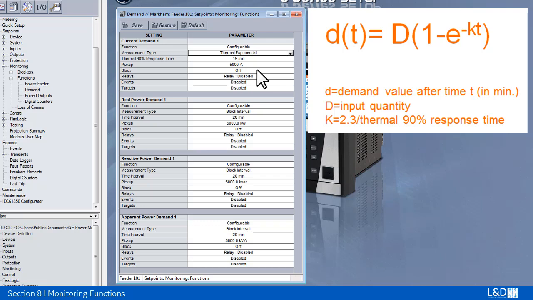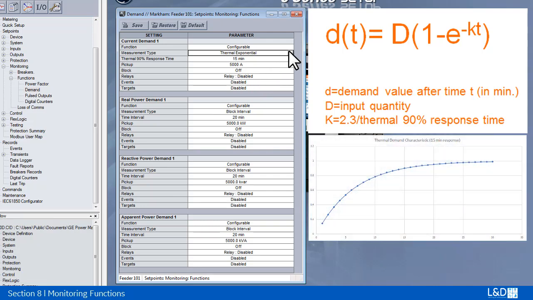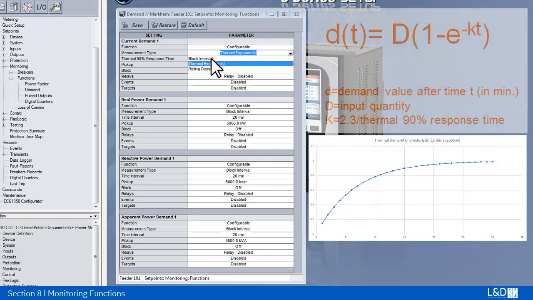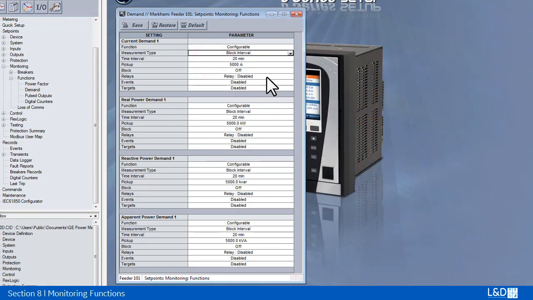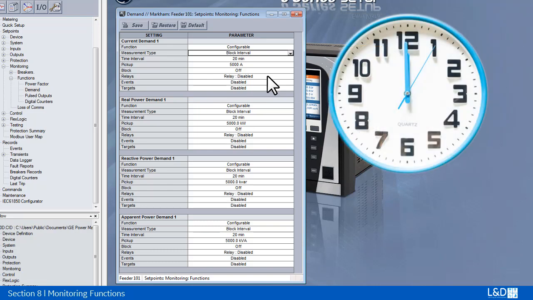K is 2.3 divided by the thermal 90% response time, and the default time is 15 minutes. Block interval. This selection calculates a linear average of the quantity over the programmed demand time interval starting daily at midnight, 12 a.m. Rolling demand.